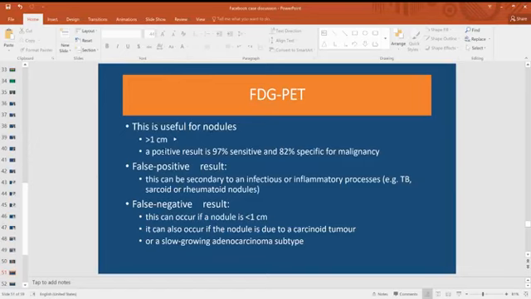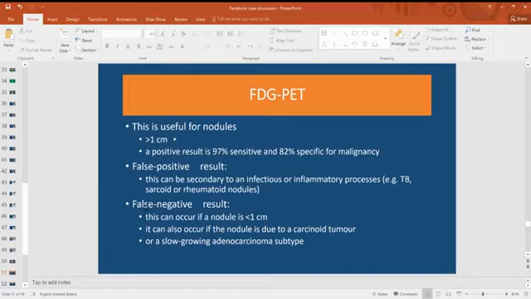PET scan is positive if the lesion is more than 1 centimeter, and it is about 97% sensitive and 82% specific for malignancy. We have false positives sometimes with TB, sarcoidosis, and rheumatoid nodule.